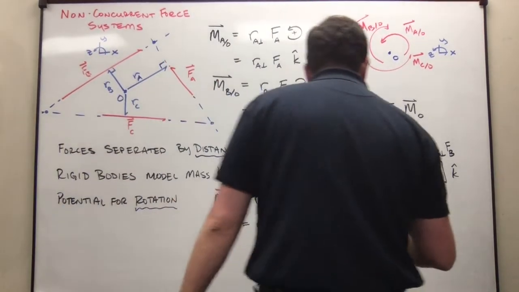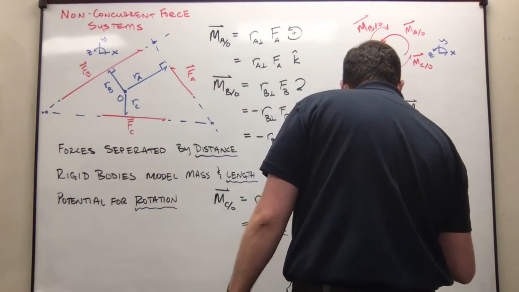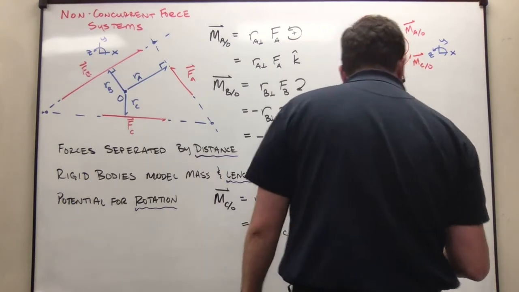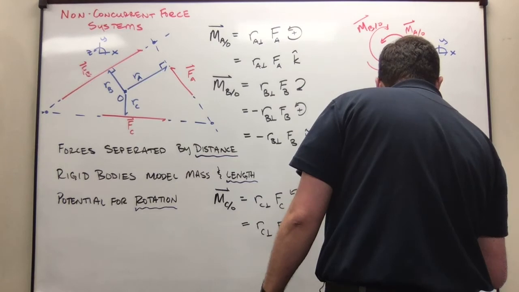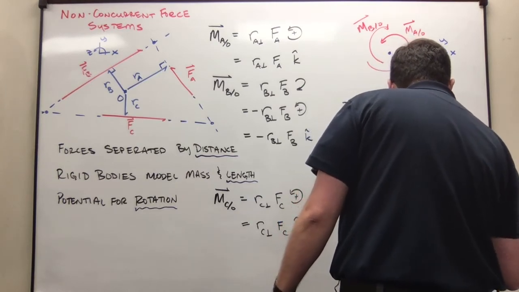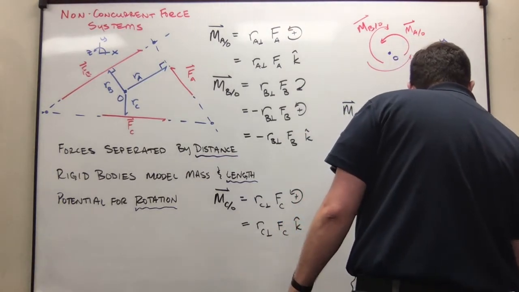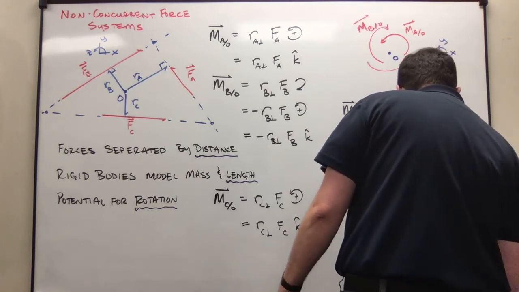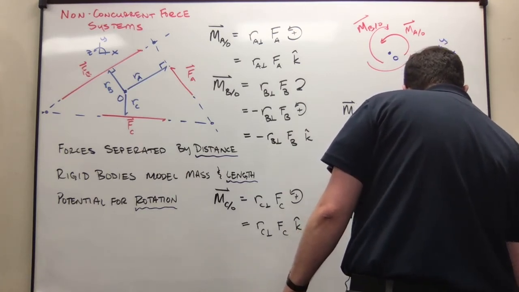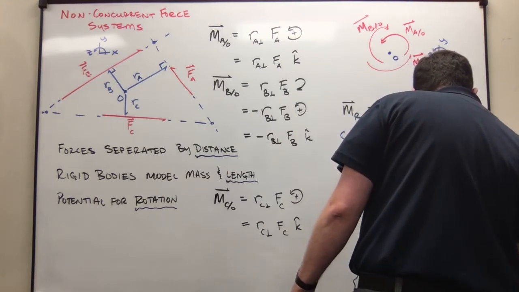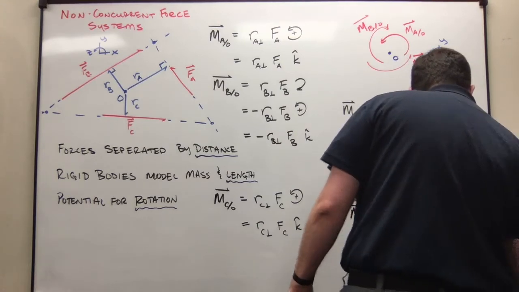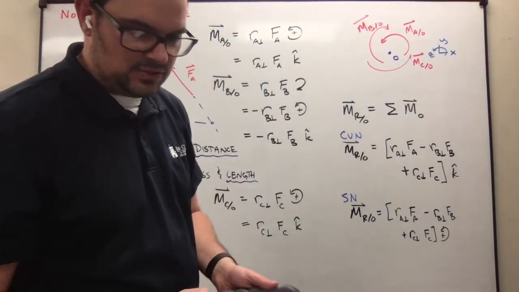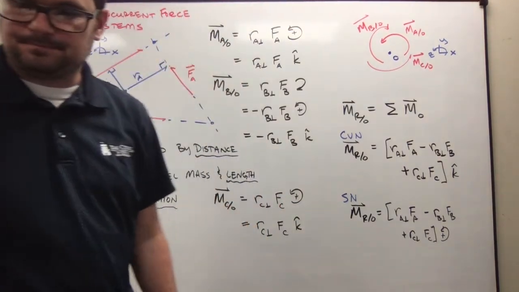So when we think about our resultant moment in Cartesian vector notation, we could do exactly the same thing, just add up all the pieces. RA perpendicular times FA minus RB perpendicular times FB plus RC perpendicular times FC. And then I just tag onto the end that counterclockwise sign convention, like so.